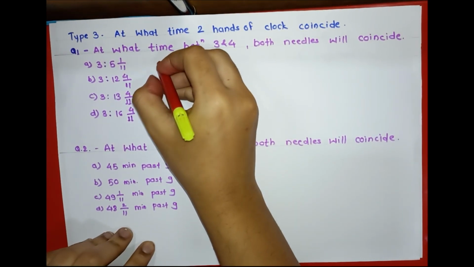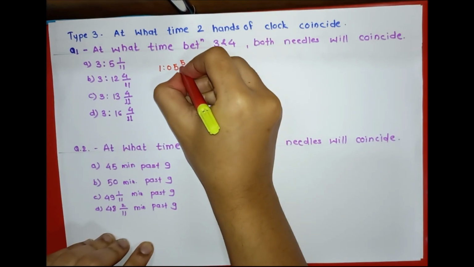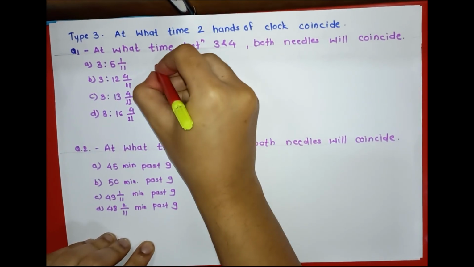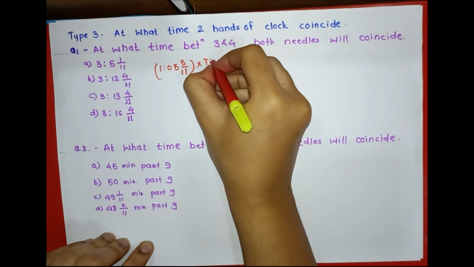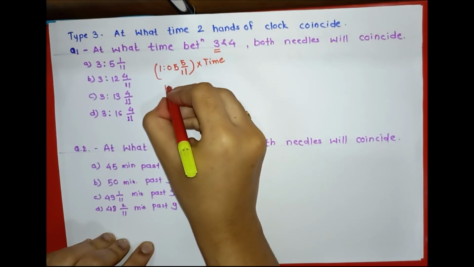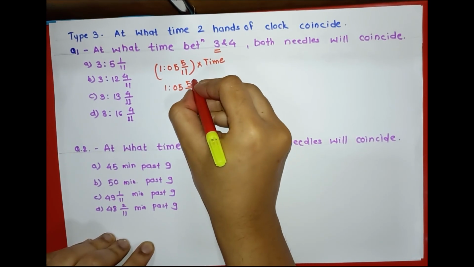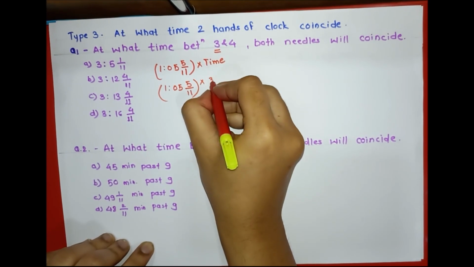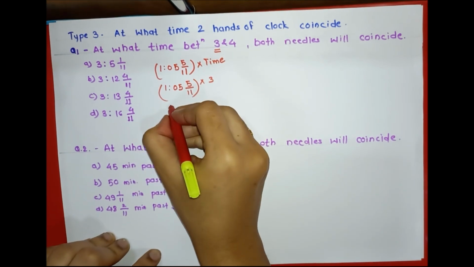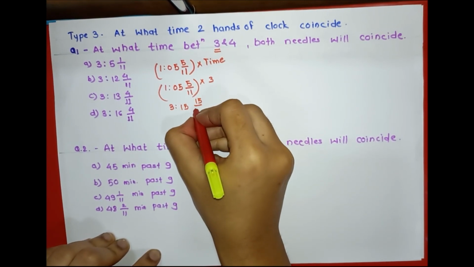The formula is 60 by 11 into time, and the time will be your lower time. So it is 60 by 11 into 3. Multiply 3 all over. So it is 180 by 11.